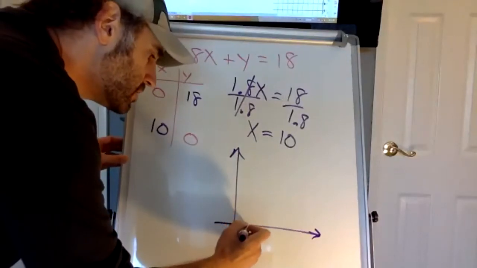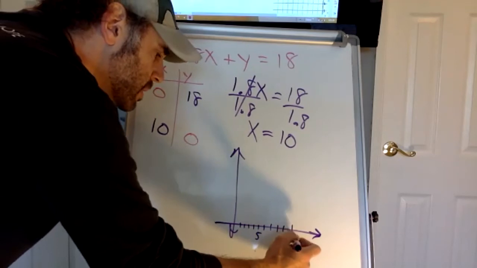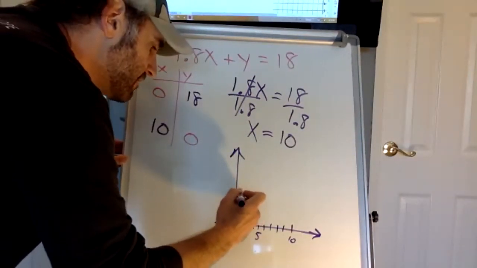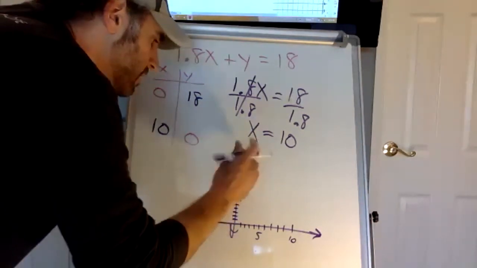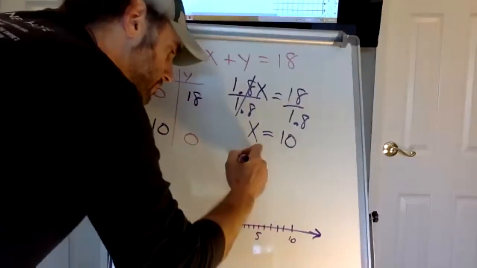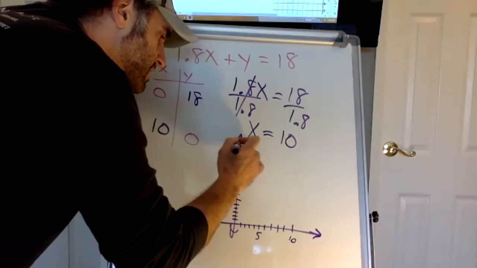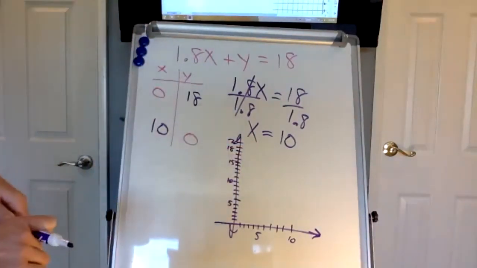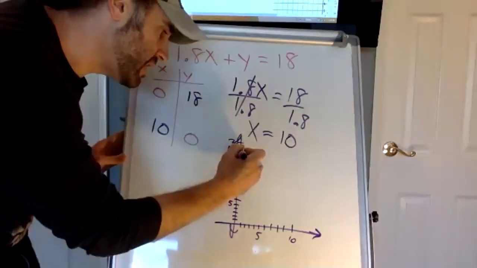Okay, 1, 2, 3, 4, 5, 6, 7, 8, 9, 10, 11, 12, 13, 14, 15. I'm going to cheat and extend this. 18, 19, 20, and there's 18. Okay, so here's 18. (0, 18) is right here.